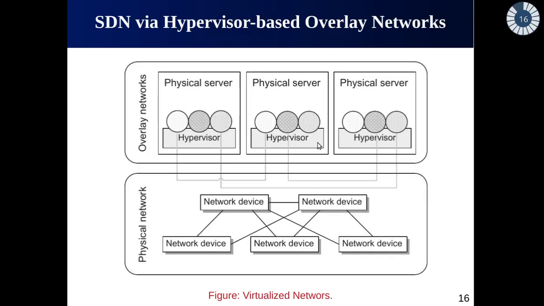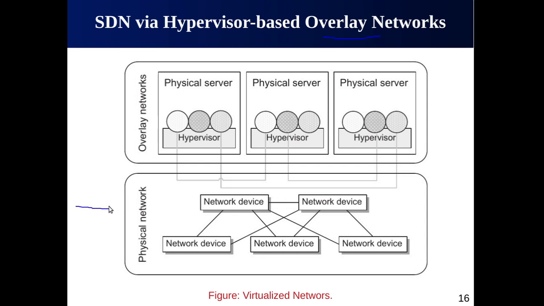The second approach is SDN through hypervisor, and that is by using the concept of overlay network virtualization. It is an innovative alternative SDN method which is known as hypervisor-based overlay network. Under this concept, the current physical network is left as it is.